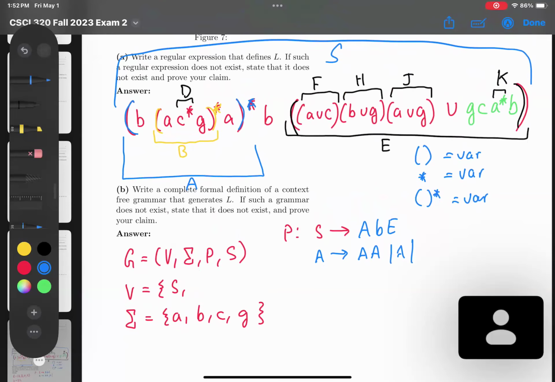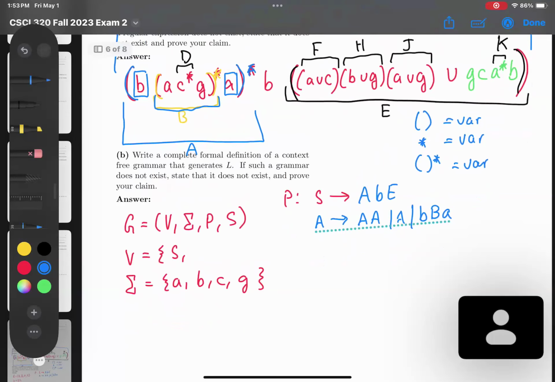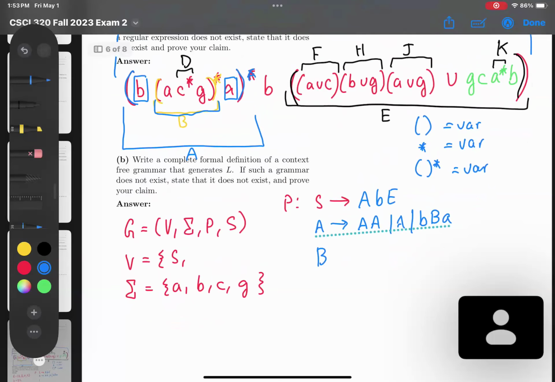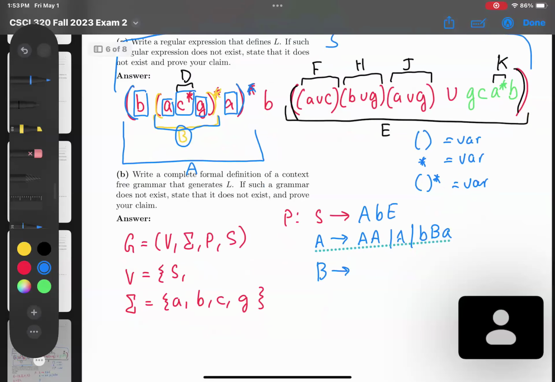It's a concatenation of B followed by capital B followed by A. So B, capital B, A. And then what is capital B? B is whatever we had inside, and that is A, D, and then G. So B is A, D, G.